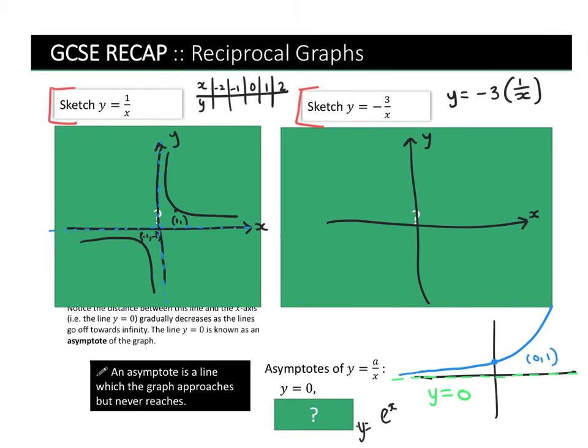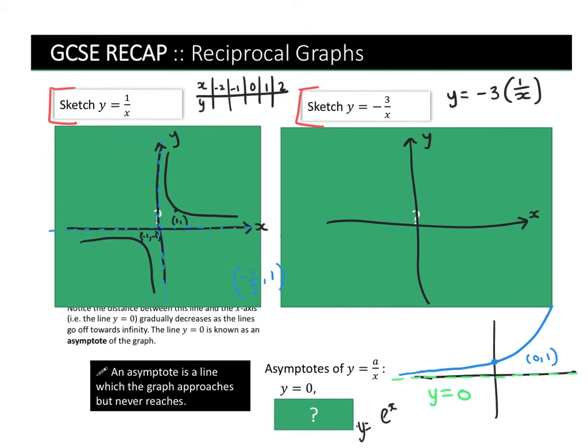So now our new graph, we're not shifting it anywhere. If we flip everything, instead of 1, 1, it's going to be minus a third, 1.